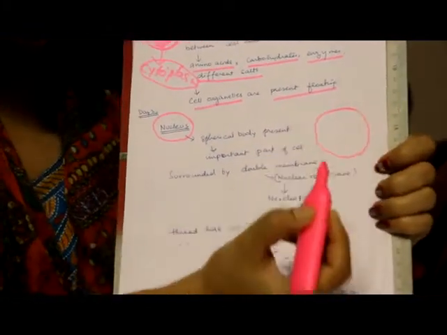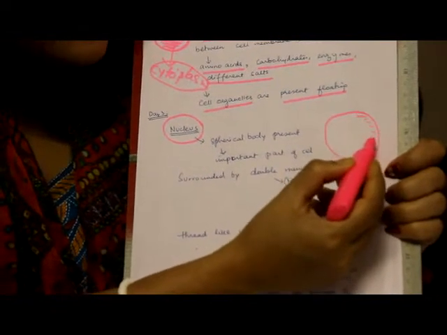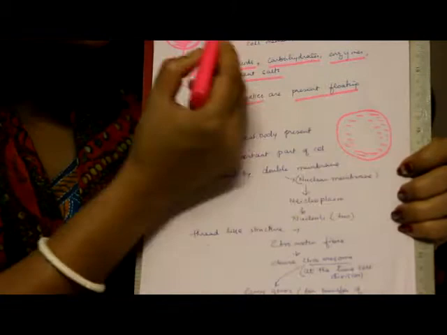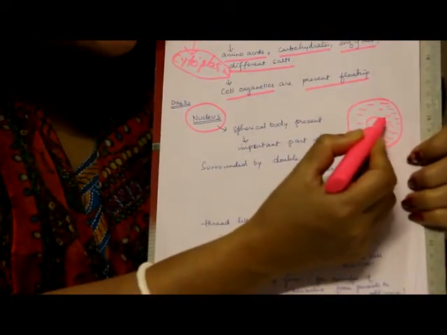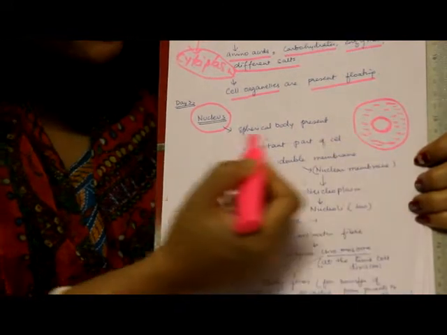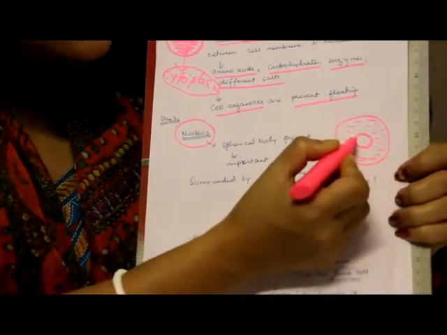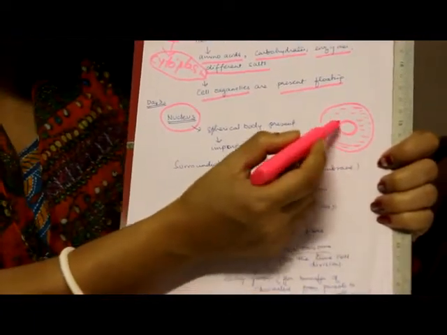Here is the cell membrane, which we have already learned. The liquid part of the cell is the cytoplasm, which we have done already. And the inner part, the nucleus, positions itself in the center.